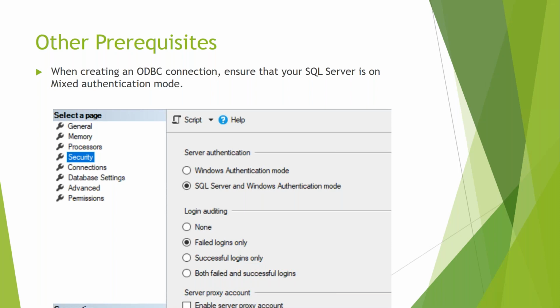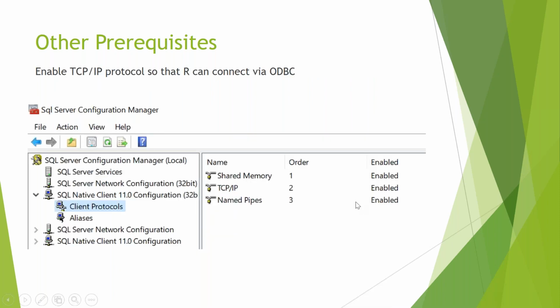In order to use SQL authentication in the R code, you need to run the database in mixed mode, which is the SQL Server and Windows authentication mode. That is one of the things you need to do after installing the SQL Server Developer Edition. You also need to enable the TCP/IP protocol in the client protocol and named pipes in the SQL Server Configuration Manager. Those are the two things you need to do before you start anything else.